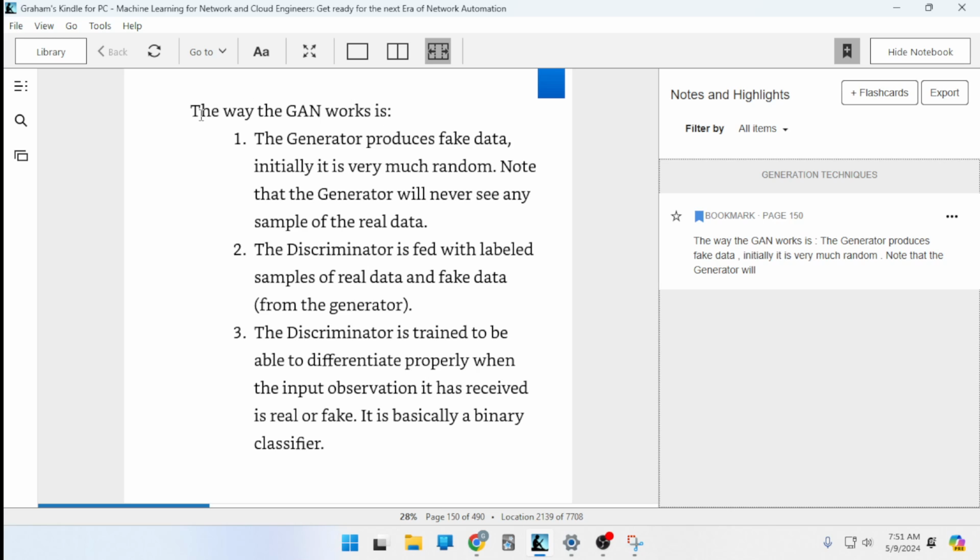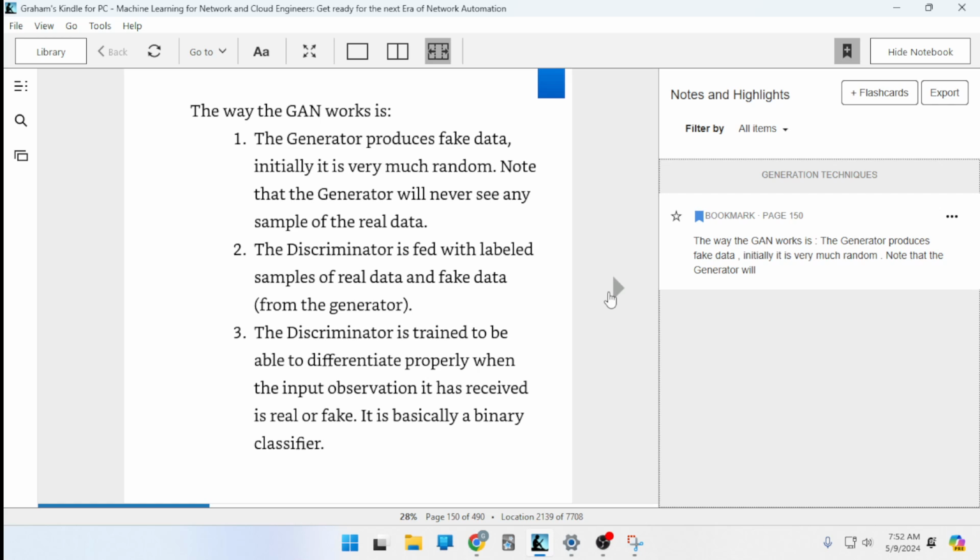Alright, so number two of how a GAN works: the discriminator is fed with labeled samples of real data and fake data from the generator. Number three, the discriminator is trained to be able to differentiate properly when the input observation it has received is real or fake.